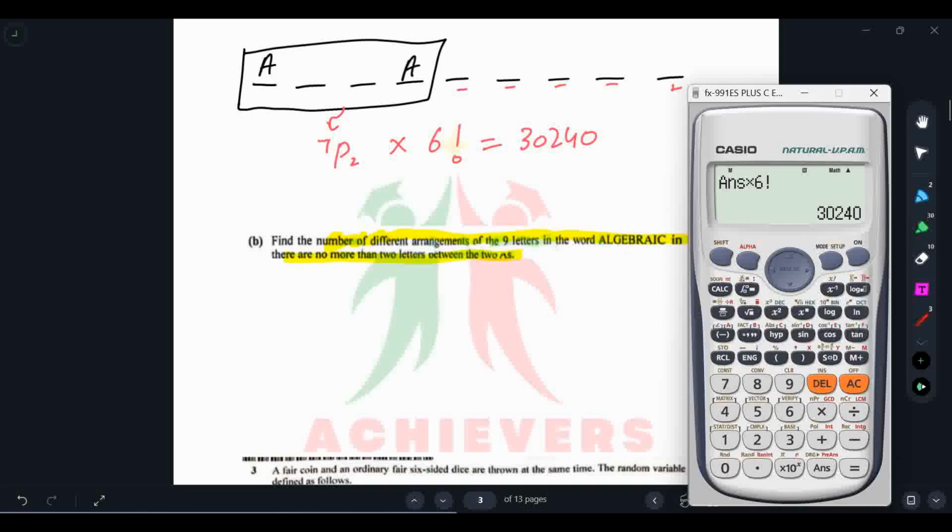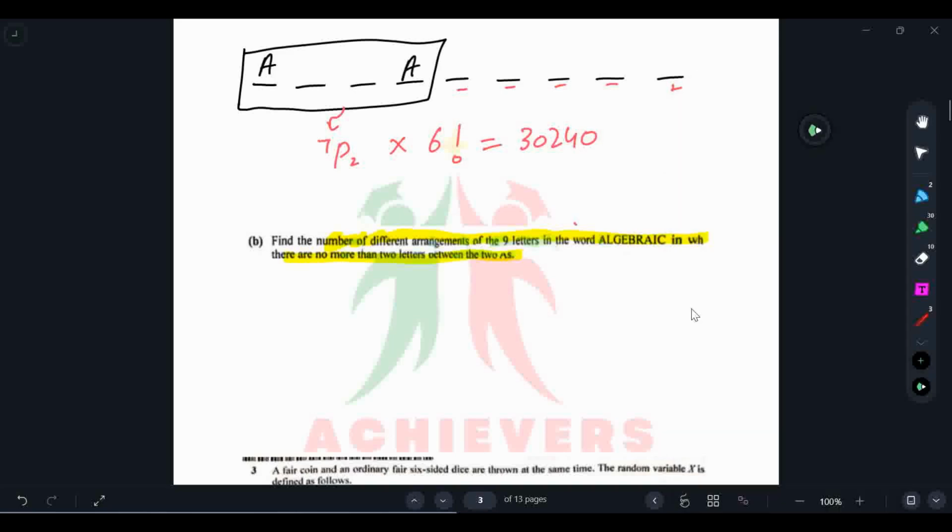Now the second condition is that we can have one letter between these two A's. So 1, 2, 3, 4, 5, 6, 7, 8, 9, and we can have one letter between these two. So if we simplify it, the factorial for these 1, 2, 3, 4, 5, 6, and the box is 7. So 7 factorial multiply by, for this box we can have 7P1.